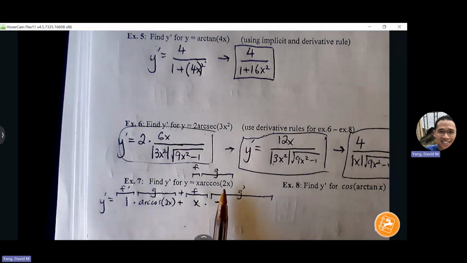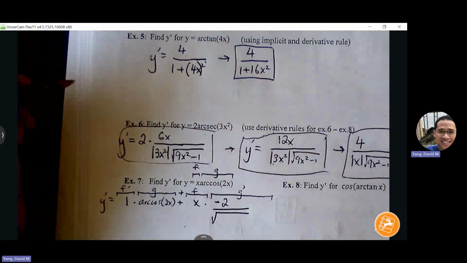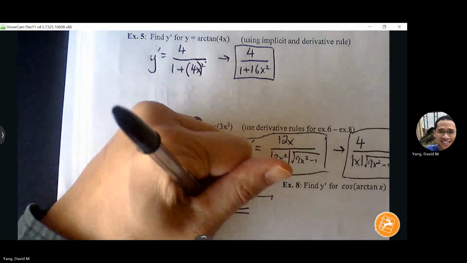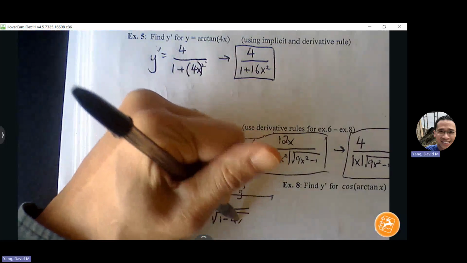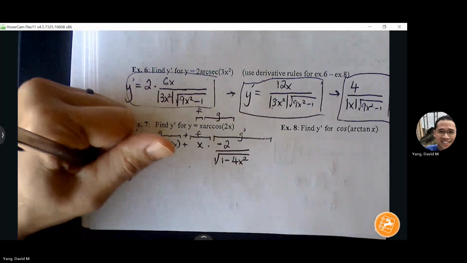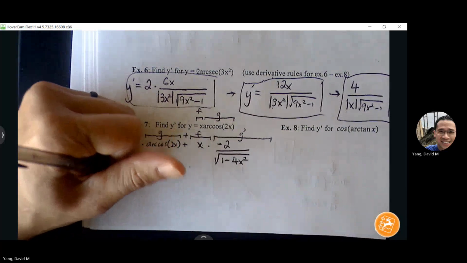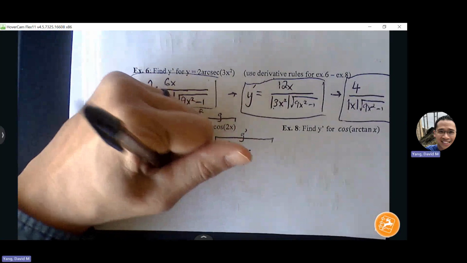Negative u prime. Negative 2 divided by the square root of 1 minus 2x quantity squared, or 1 minus 4x squared. We don't have to rationalize the denominator. There's not much they have to clean up.